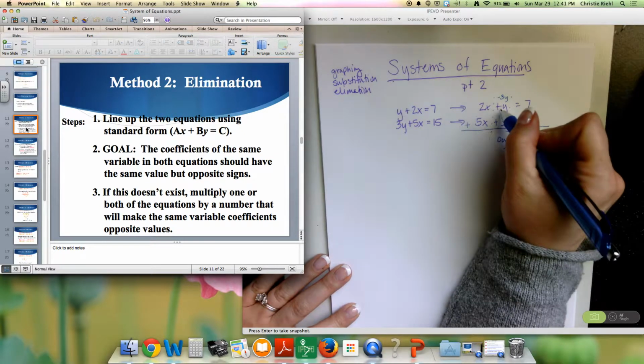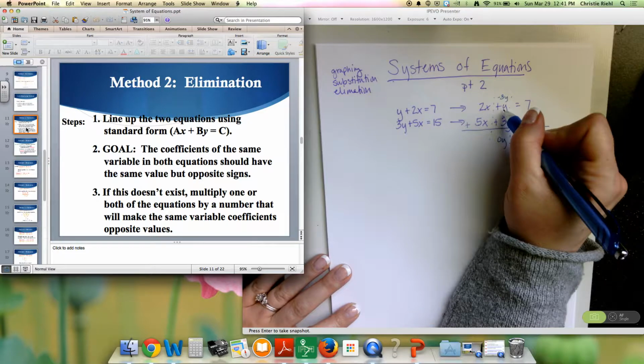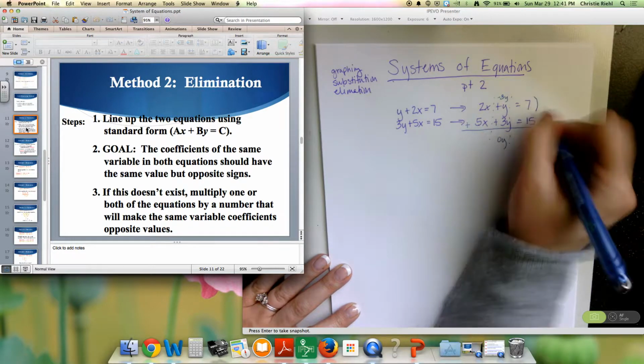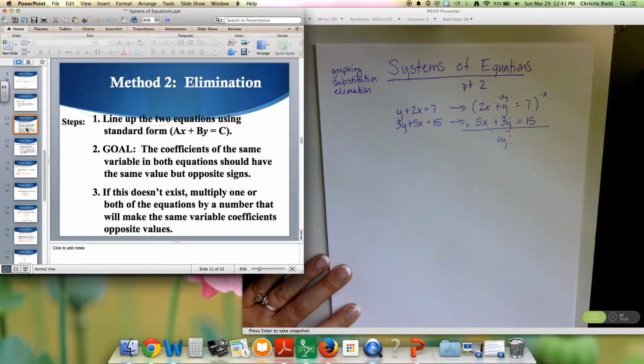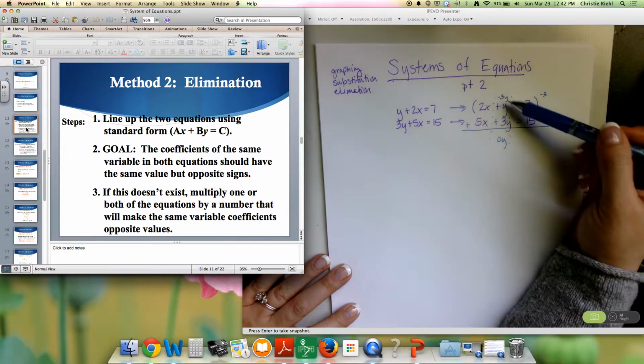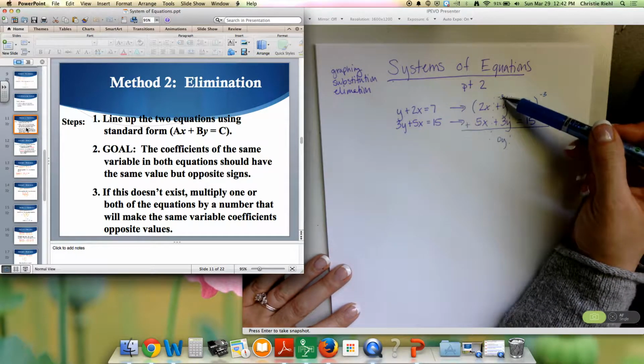In order for this value here to be negative 3, I would have to multiply everything by negative 3. All right? So that's what this step 3 is: if it doesn't exist, multiply one or both of the equations so that the variables will drop out because the coefficient is an opposite number. So again, negative 3 and positive 3.